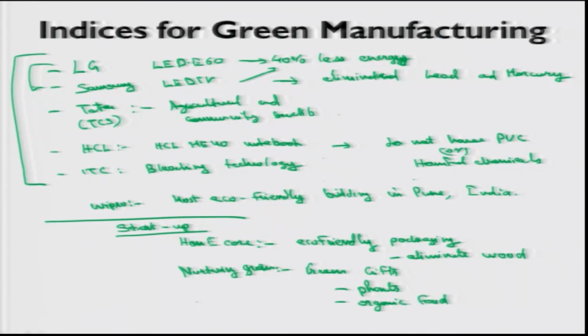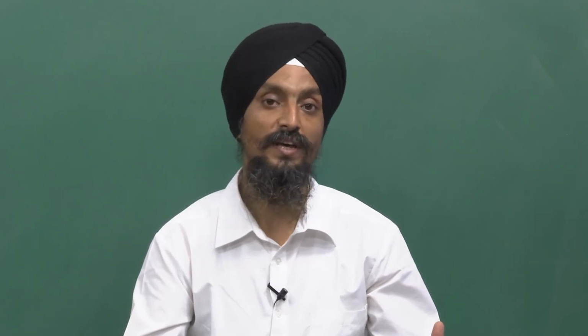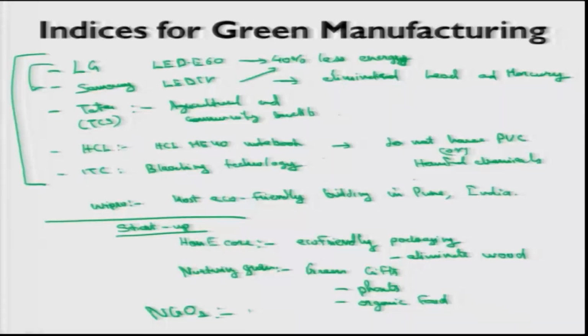Also there are organizations working in agriculture sectors, certain startups and NGOs, working towards increasing the yield of organic products, that is, vegetables and fruits.